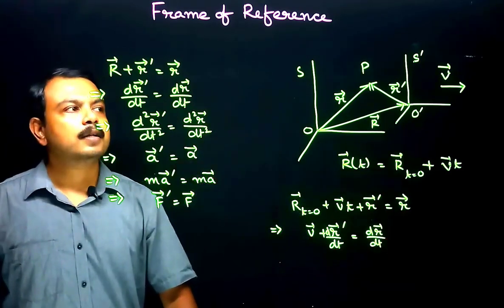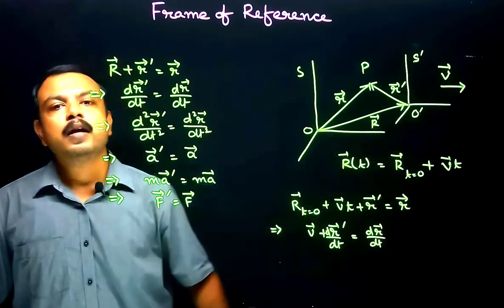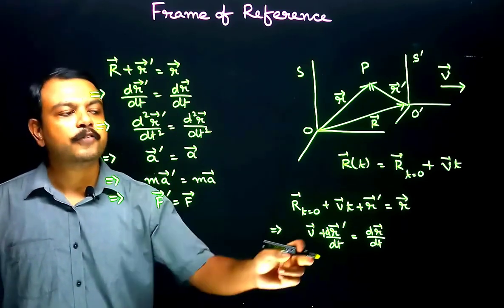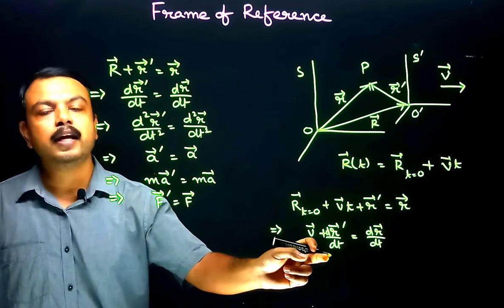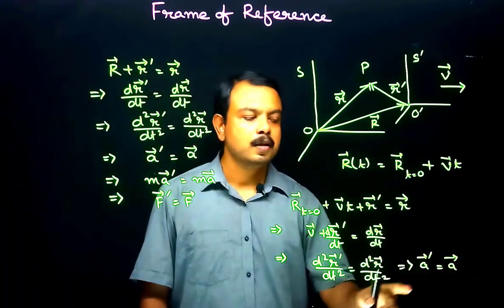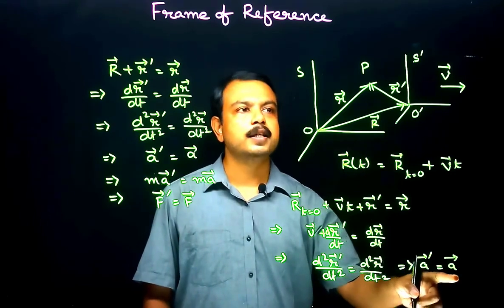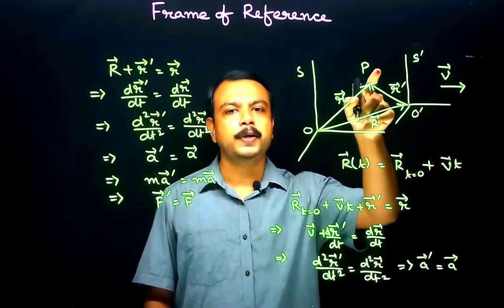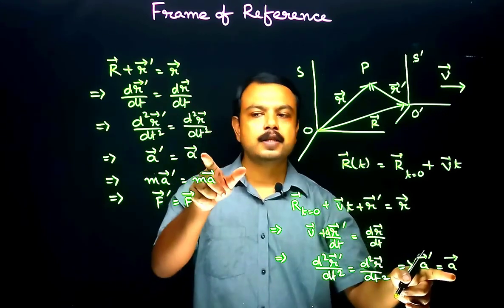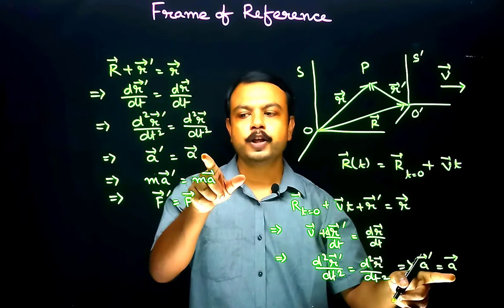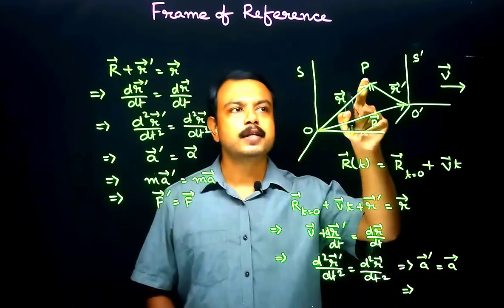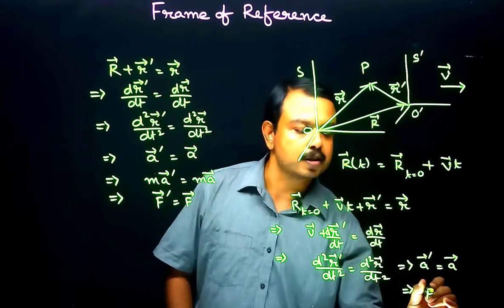Now if we consider this velocity is a uniform velocity and it does not change over time, then if we differentiate this equation once again, then we can get. This is nothing but the acceleration experienced by the point P from both the reference frames, and if we compare these two equations, they are same, which means if we multiply this with mass m, we will get the force equations.